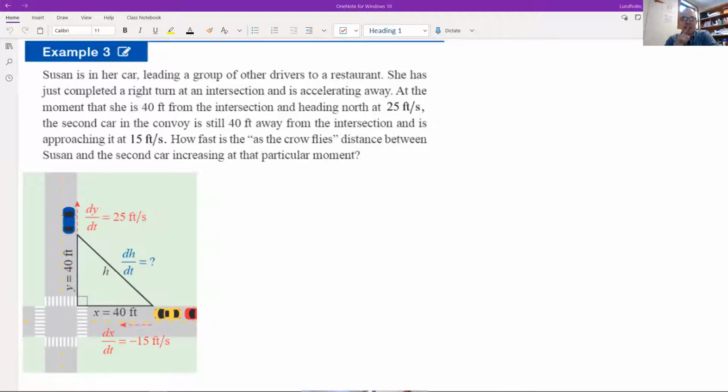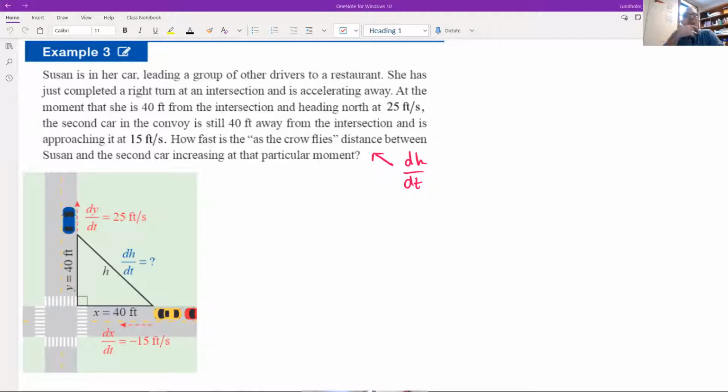We've been asked to find how fast this as the crow flies distance between Susan and the second car is increasing at the particular moment. It's already labeled on the diagram, but we're looking for dH/dt because H in this context is the hypotenuse of that right triangle.